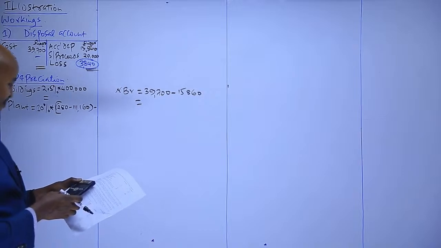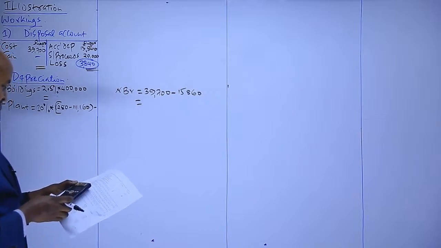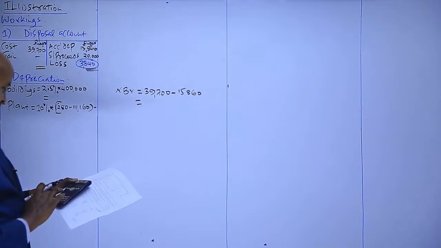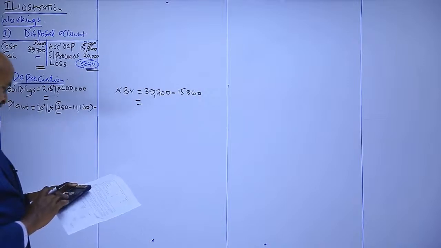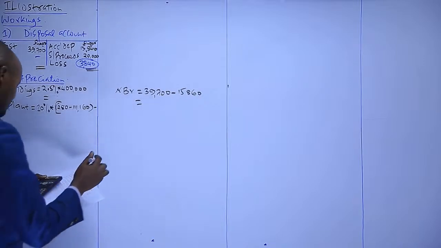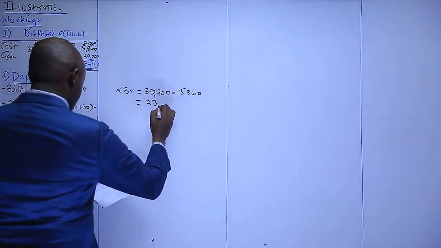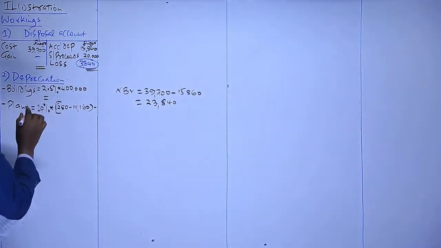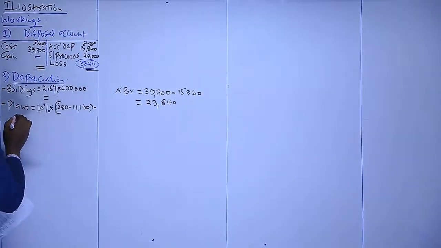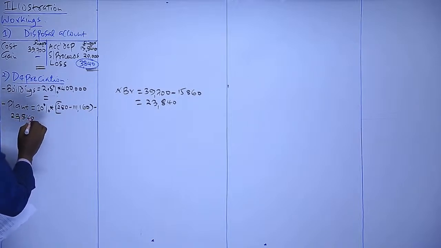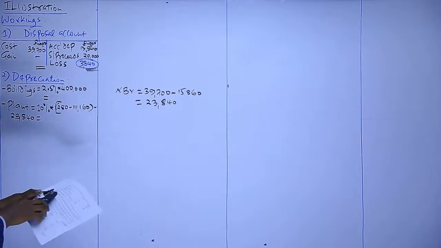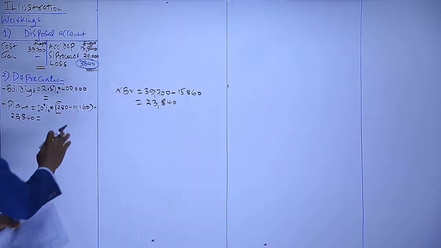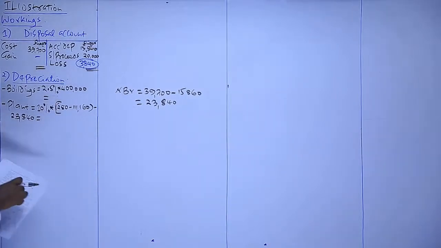We have 39,700 minus 15,860. So that will give us a net book value of 23,840. Because it's part of this and we are told no depreciation in the year of disposal, we need to deduct it there, 23,840. And basically you can see we are deducting it there at net book value. So we are going to come back and compute these particular depreciations.